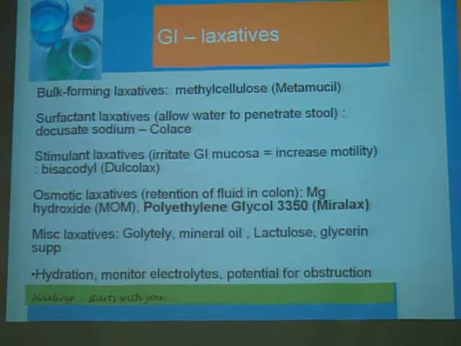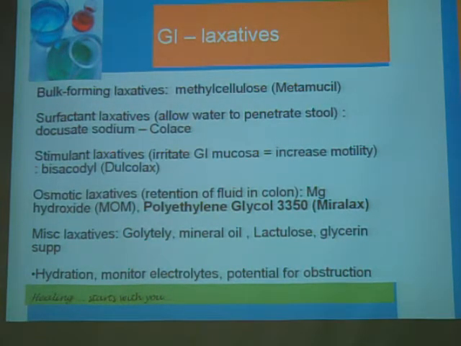Okay. Second group is called surfactant. Think of dropping a little bit of detergent into an oily pan. That's what a surfactant is. When you add that, it causes oil to disperse and it kind of activates the water. In this case, it activates the water to get into the stool, so things will move along a little bit better.